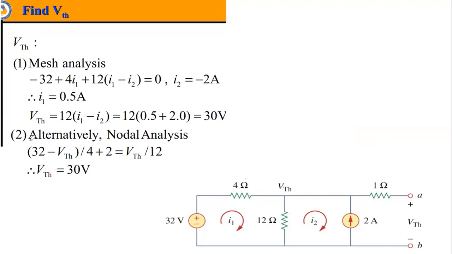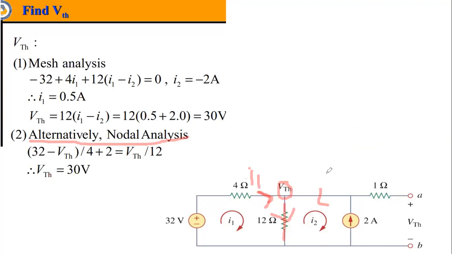So here alternatively you can apply nodal analysis also. This VTH voltage is there. You can take currents like this: one current I1, another current is 2 ampere, and another current this one. So you can directly write I1 plus I2 equal to this current.